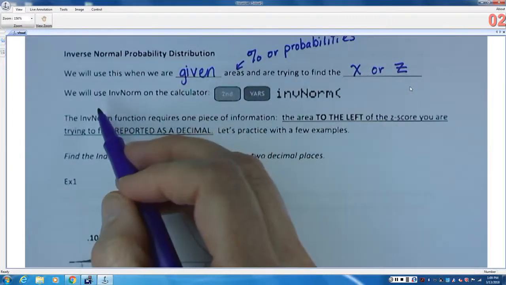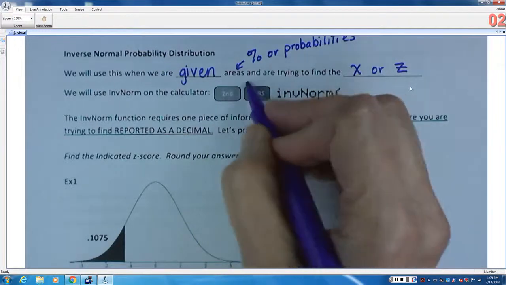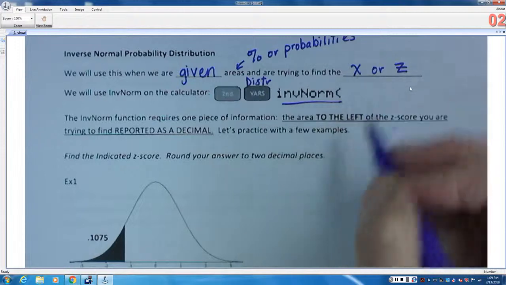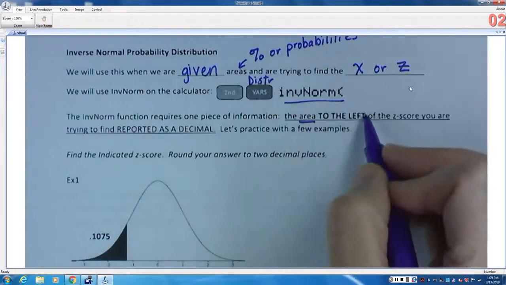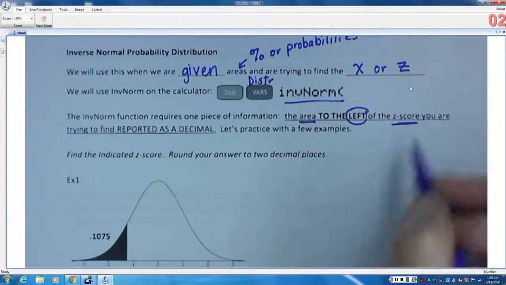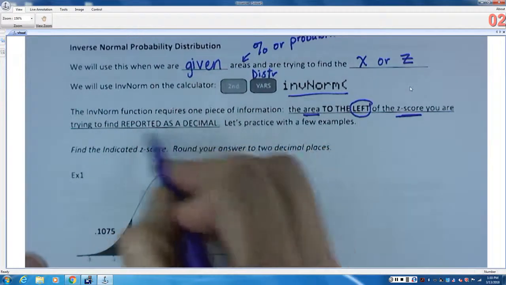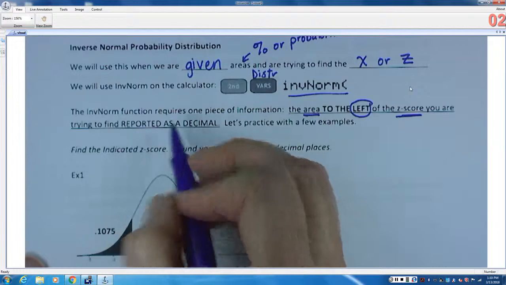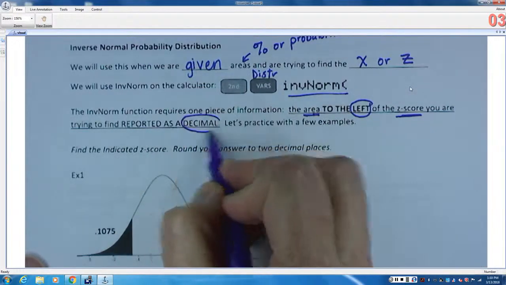So we will use inverse norm on the calculator. Second variables, which is distributions, inverse norm. And the calculator does require that you put the area to the left of the z-score that you're trying to find. And you need to enter the area as a decimal. The area has to be a decimal.